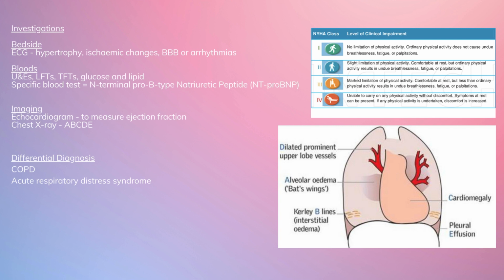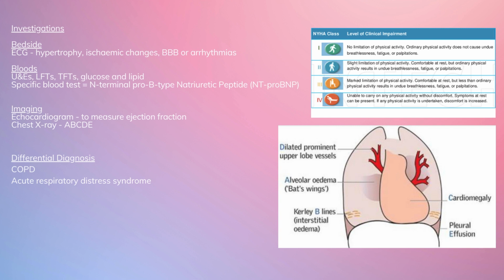If it's moderate, so if it's between 400 to 2000 ng per liter, then we want to refer them for specialist assessment and a transthoracic echocardiogram within the next 6 weeks. And if they have a slight rise in NT-proBNP, so for example less than 400 nanograms per liter, then that means that a diagnosis of heart failure is quite unlikely.